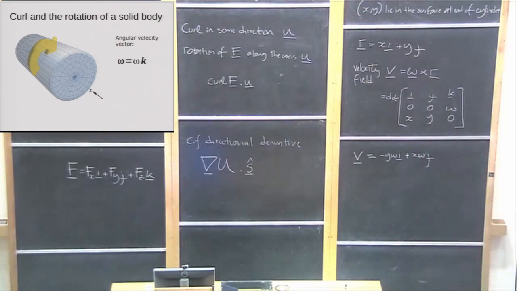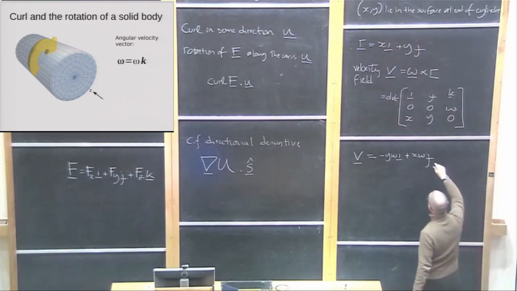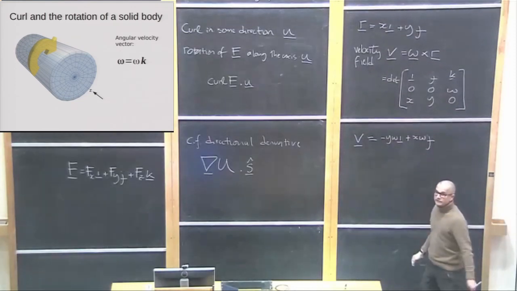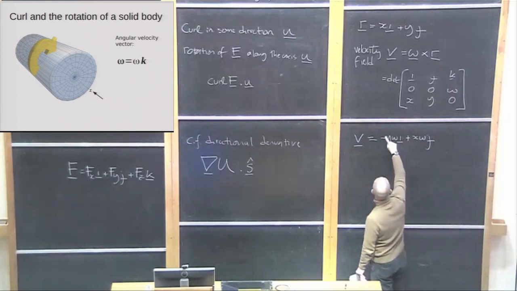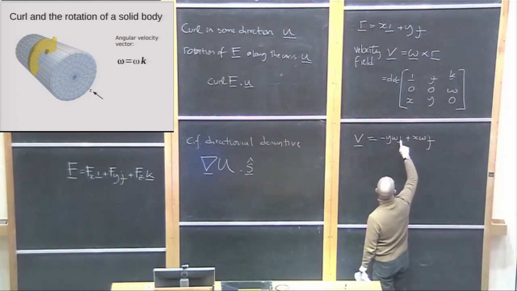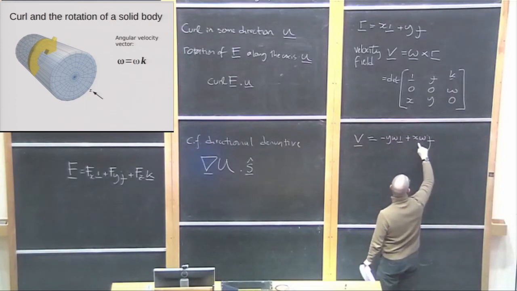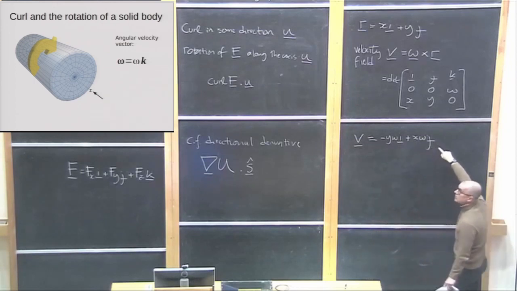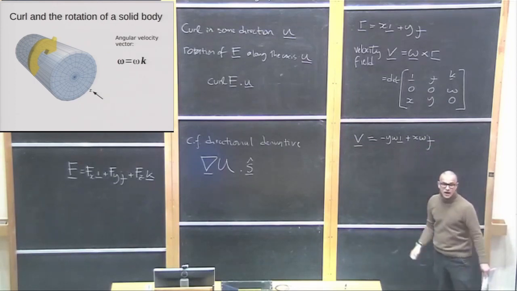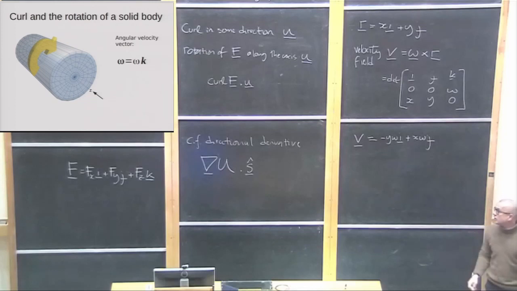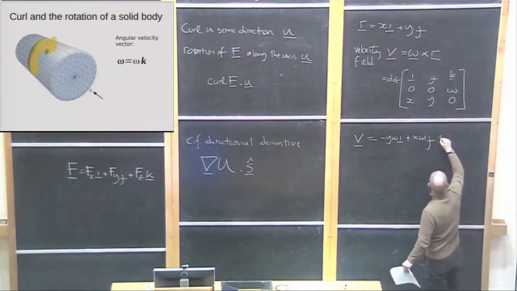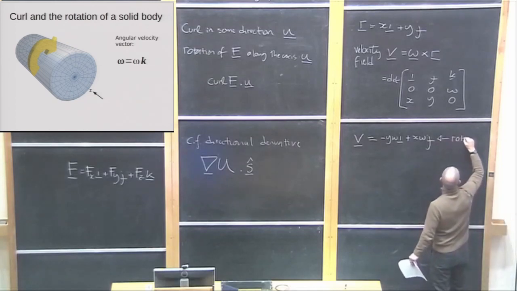So you'll recall that I said about 5 or 10 minutes ago that the characteristic of a rotating field is that you have a y term in front of your i component and an x term in front of your j component, and that one of them has the opposite sign to the other. So this is clearly a rotating field.